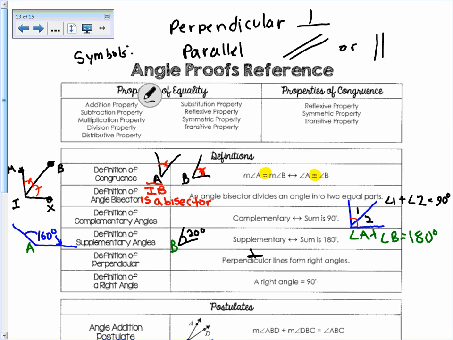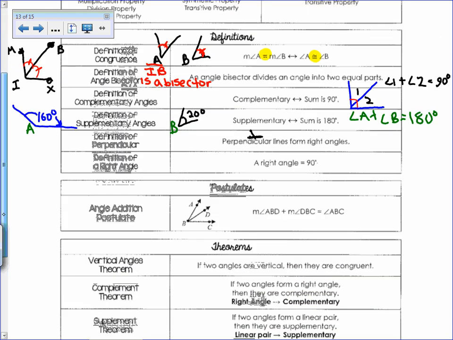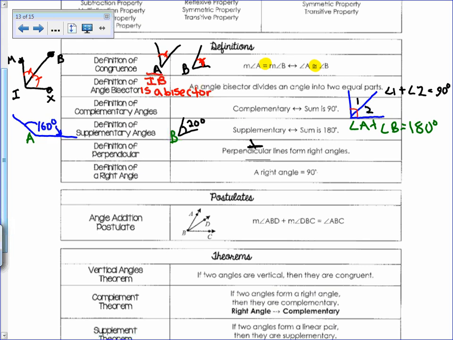The railroad track. Now, perpendicular lines form right angles. So if I have two lines that are perpendicular, then I know, first of all, that this angle is equal to that angle. And they form 90-degree angles. A lot of different things going on there.